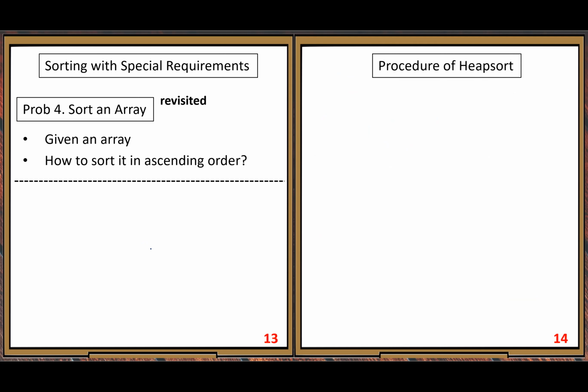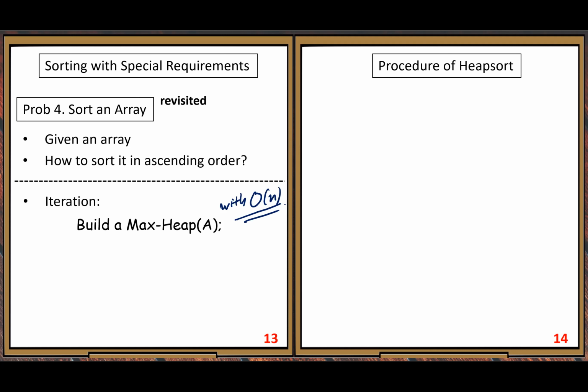All right, now the procedure of heap sort. With that observation, now we can write the formal heap sort. We do iteration. At the beginning, we build a max heap of array A with the building cost big O of n. We take it.